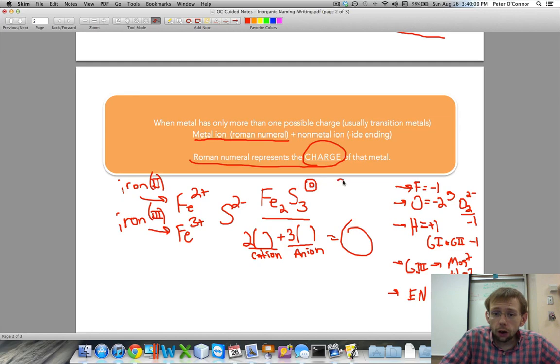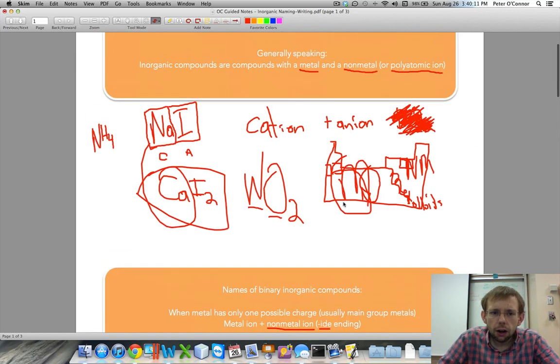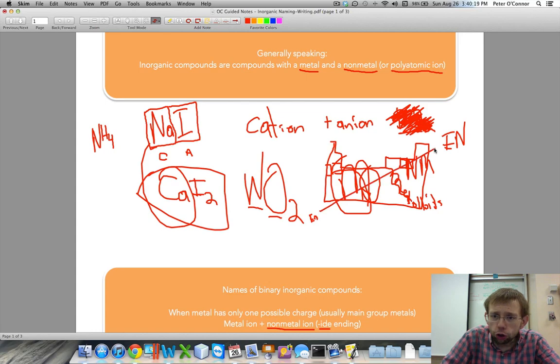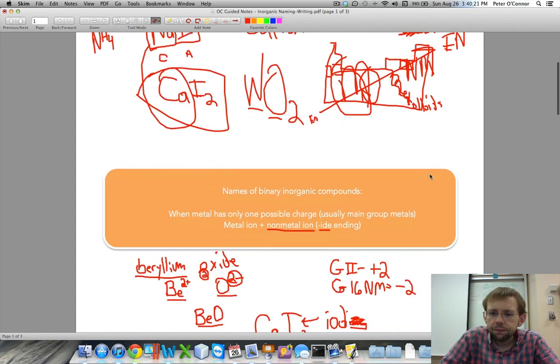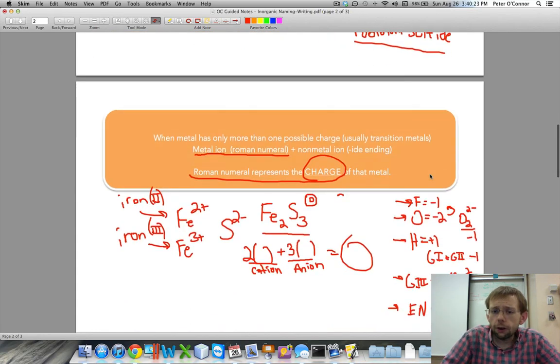On the periodic table, remember that the more electronegative elements are up here, and you get more electronegative going up that way. So sulfur, or sulfide in this case, is our more electronegative one. Sulfide, being a group 16 nonmetal, is going to be -2.